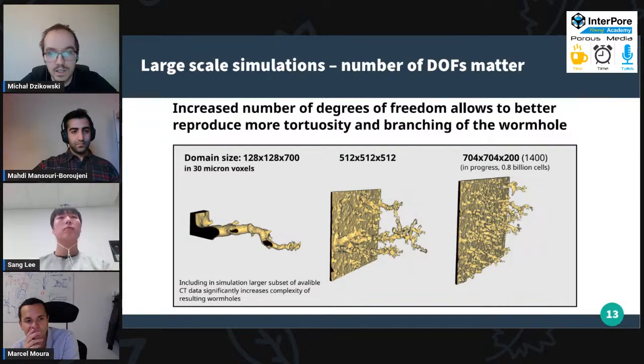This is not downscaled. We just took more and more sections at the same resolution of the original data, and you could see that the structures started to get more branched because they have space to do that.